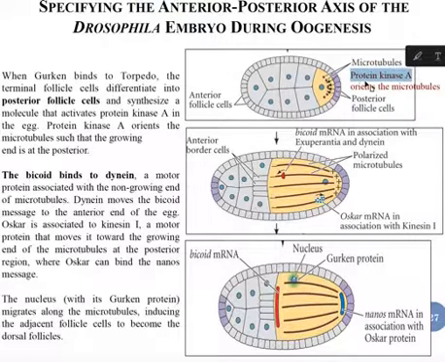This protein kinase A is essential for the orientation of the microtubules, that will happen later, as you can see here. So the growing ends of these microtubules will be located at the posterior end, while the non-growing ends, the minus ends, will be present at the future opposite side, that will become anterior.